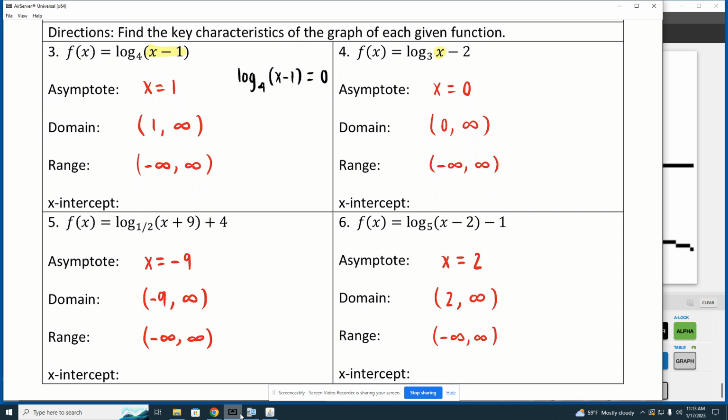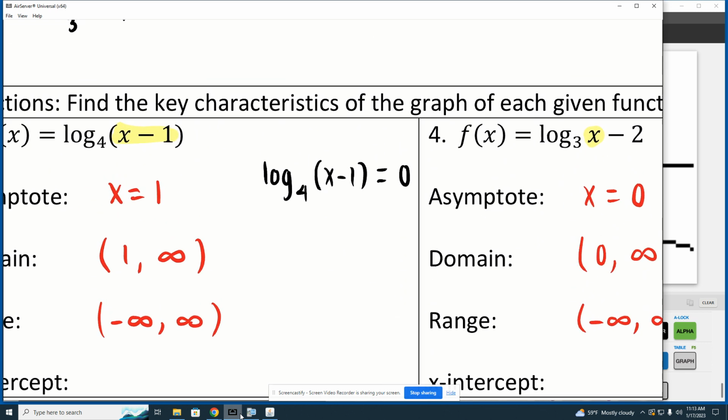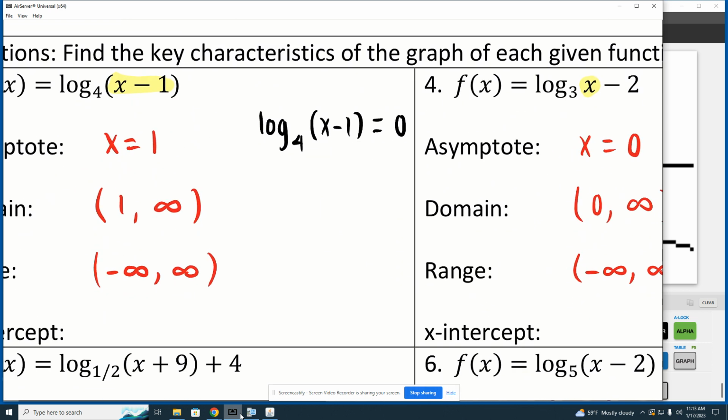Is there anything I need to move here on that problem? Nope, so I rewrite it as 4 to the 0 power equals x minus 1. Guys, what's anything to the 0 power? 1. 1 equals x minus 1. How do I solve that?